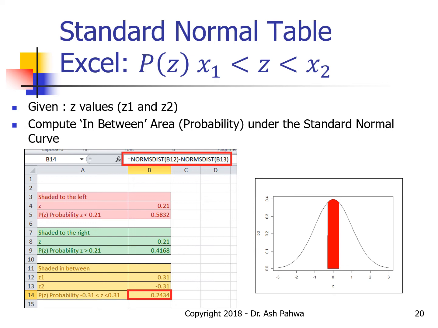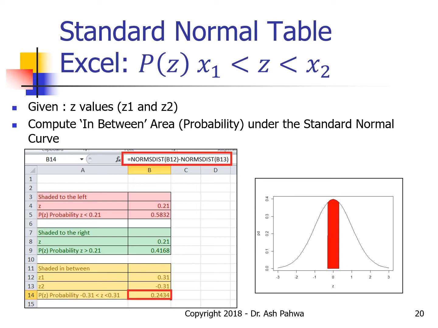First of all we will feed in B12, which is plus 0.31, and then minus the normal distribution at B13, and B13 is minus 0.31. So this gives us a value of 0.2434.